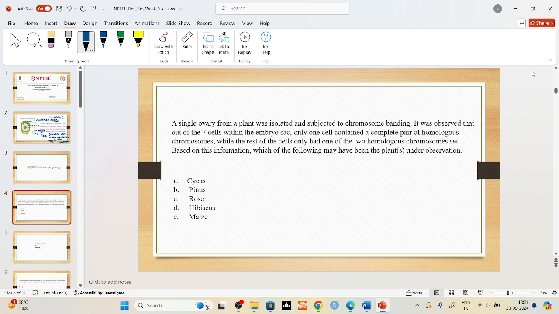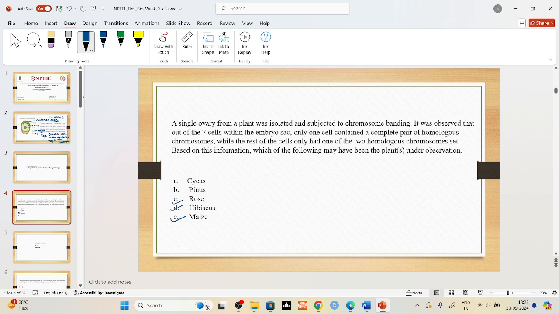So in angiosperms, such as rose, hibiscus, and maize, the embryo sac consists of 7 cells, where the egg cell and other cells are haploid, and only the central cell that has two polar nuclei is diploid.